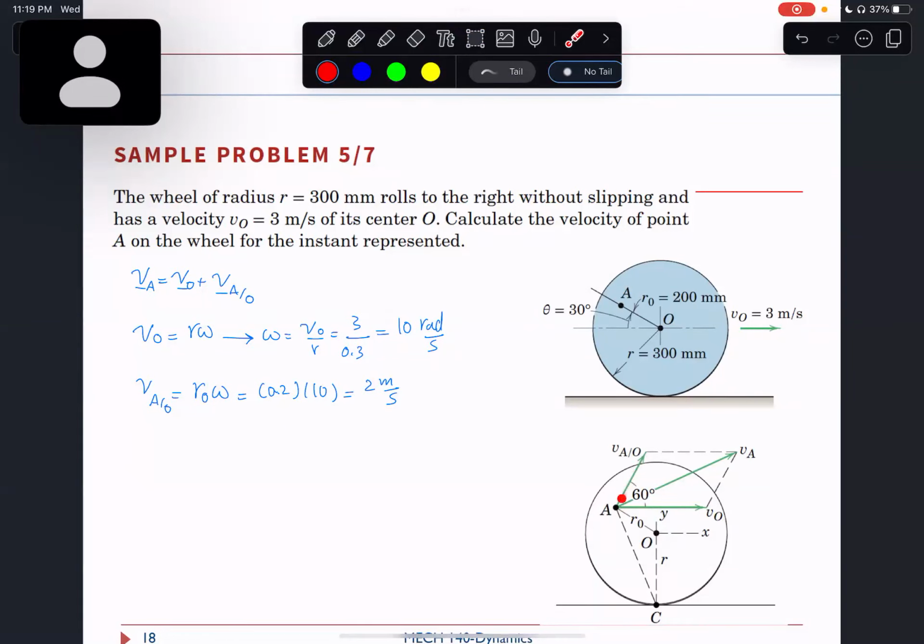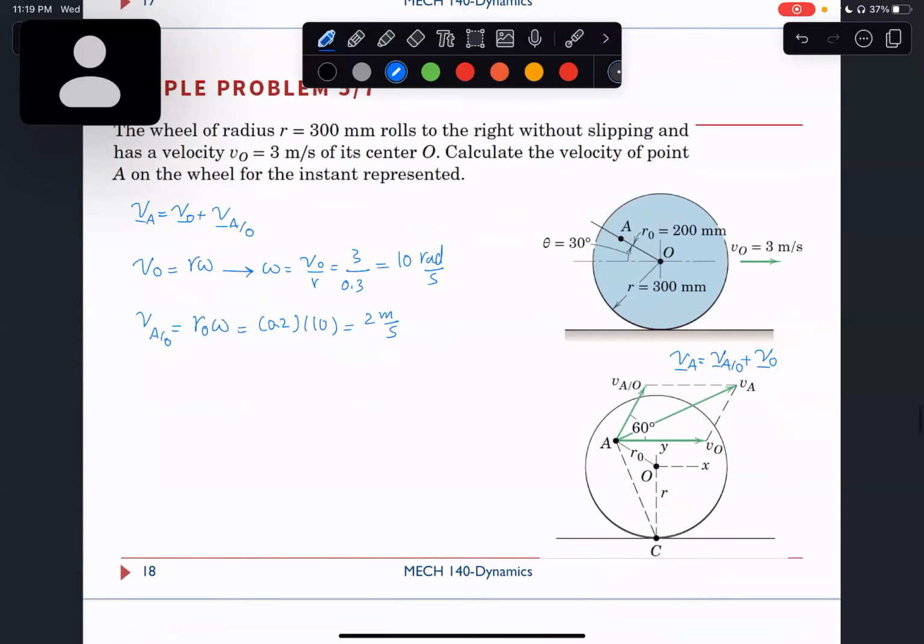And I know VAO is normal to this line. So VA is going to be a vector like this, which is the sum of these two, right? Remember that vector VA is equal to VAO plus VO.